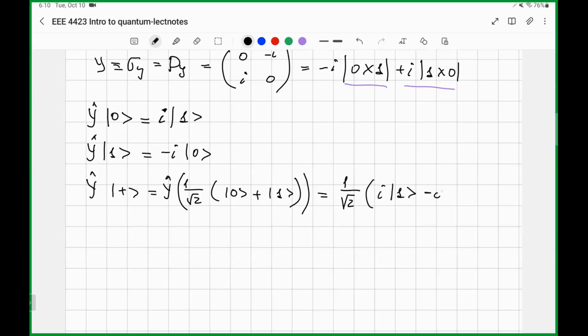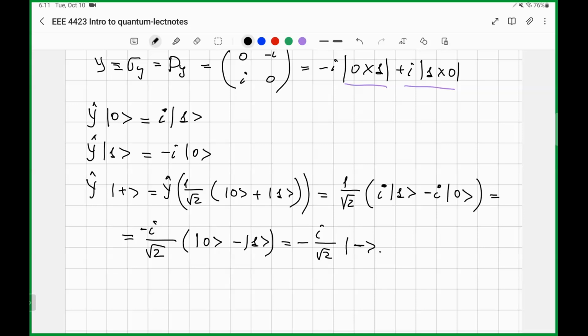And then minus i state 0 for the second one. I can take the i out of the parentheses. It's going to be i over square root of 2, and inside, let me also take the minus, so it's going to be 0 minus 1, or minus i over square root of 2 times state minus. Because this is the state minus, it's going to be minus i state minus.